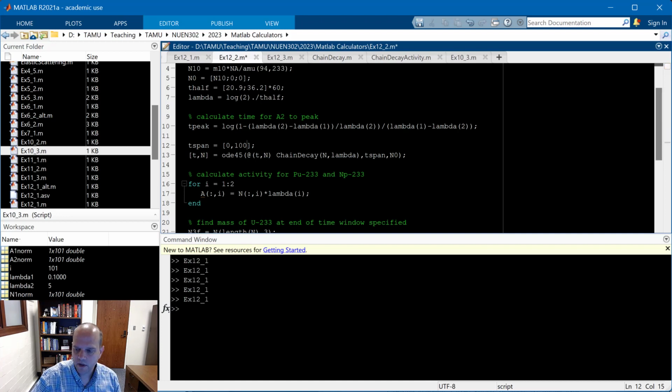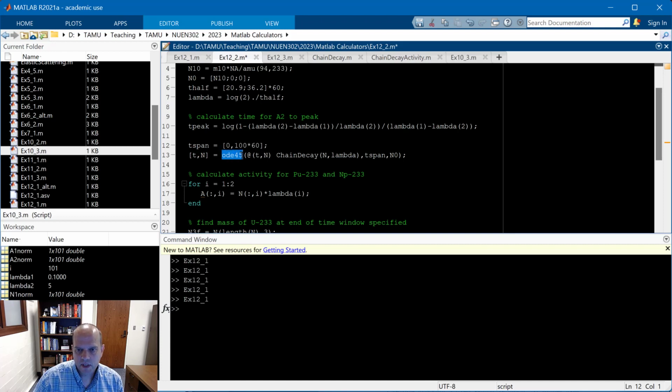Let's go 100 minutes. 100 minutes times 60, that converts it down to seconds. So this on line 12 is going to give us the span of time over which to run this numerical integration of these sets of differential equations. Start at time equals 0 and go up to 6,000 seconds.